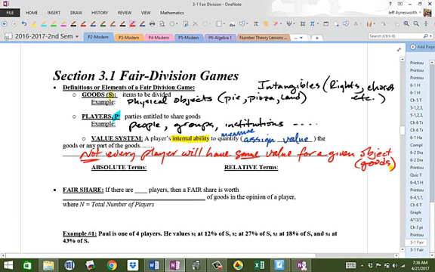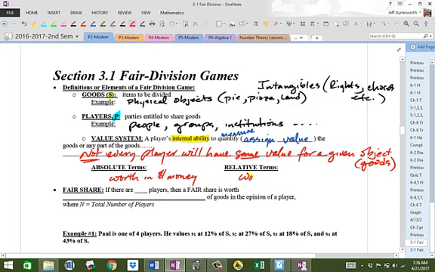Now, we're going to be talking about things in absolute terms and sometimes relative terms. So what does that mean? Absolute terms means that we're talking about the worth in, let's say, dollars. We're going to assign a worth in dollars, and I'm talking about a monetary value. Sometimes we talk about it in terms of a percentage.